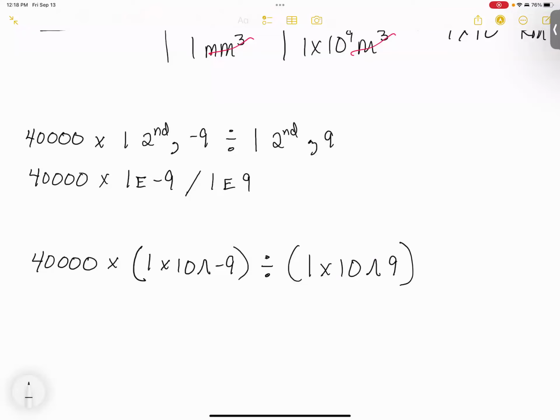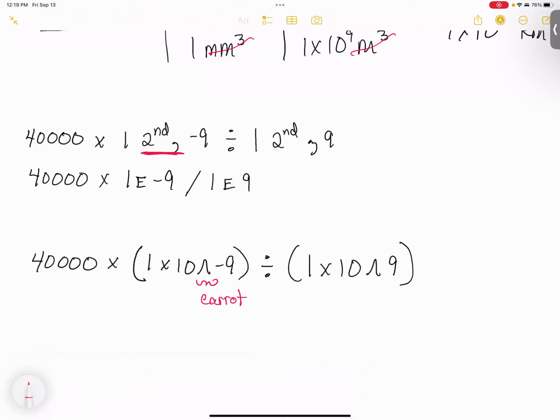Student question: after you put in the E, do you have to use the caret? The answer is no. The caret is what this symbol is called.